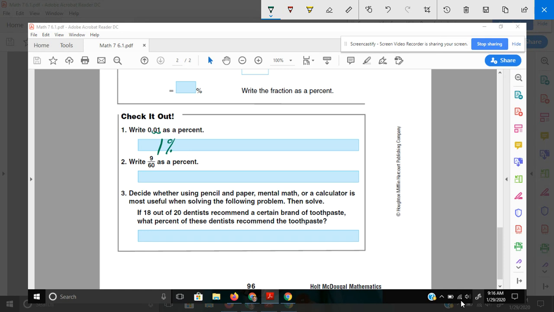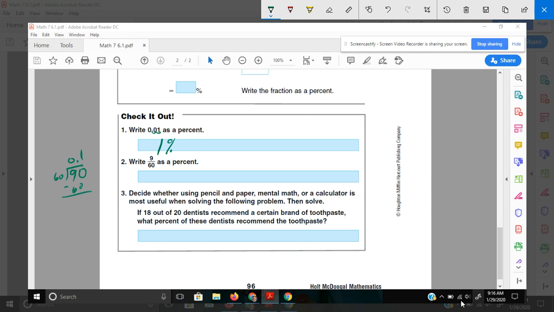The second one, 9 out of 60. I'm going to use a little division. 9 divided by 60. 60 goes into 9 0 times. I need to add a decimal and an imaginary 0. 60 goes into 90 once, which is 60.